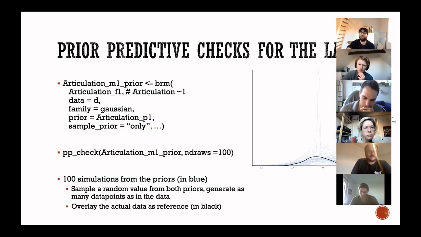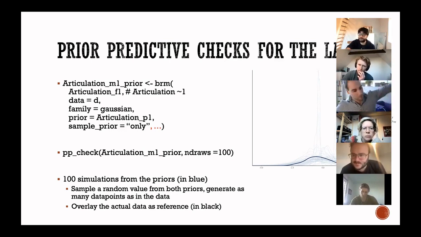The function is called brm, Bayesian regression model. There's a formula, articulation F1. There's the data that we have, deep. There's the likelihood function, that's the Gaussian. And there's the prior, articulation P1. And then we say sample only from the prior. Don't look at the data.